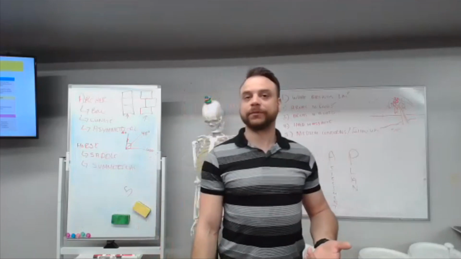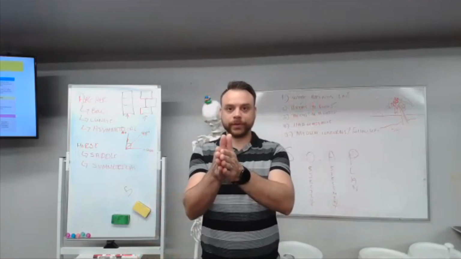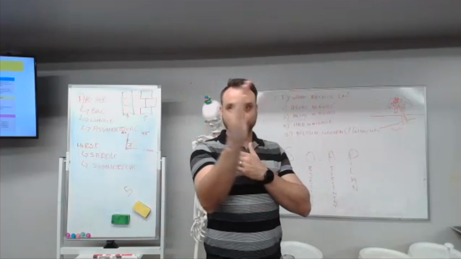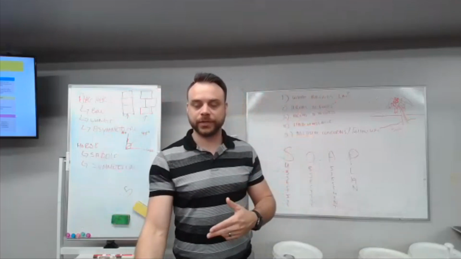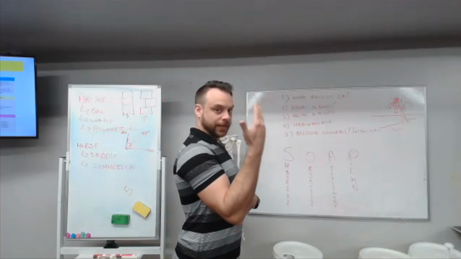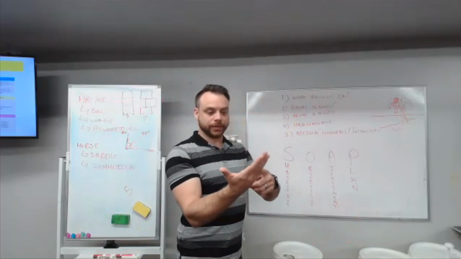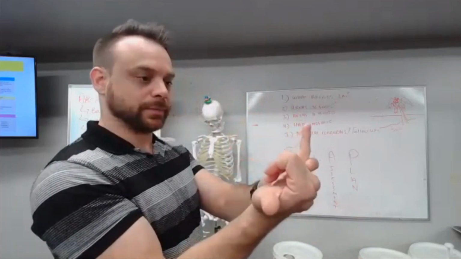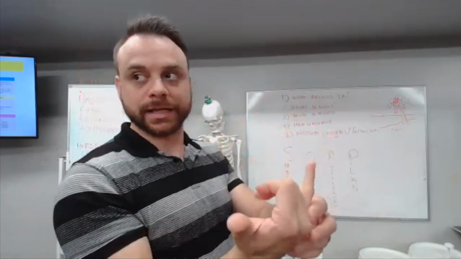The easiest example of a hinge joint would be my elbow. Just like the hinge on a door only opens and closes, it moves only in that one plane of movement, that one direction of movement, open, close, open, close. Same thing with my elbow. Flexion, extension, flexion, extension. The interphalangeal joints of my fingers, those are also hinge joints, because flexion, extension, flexion, extension.